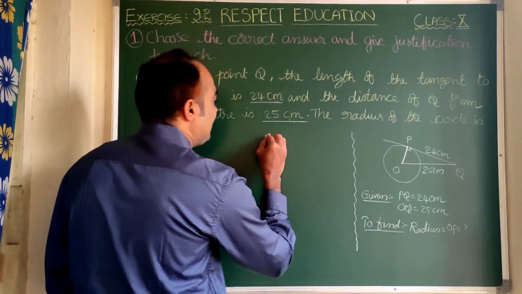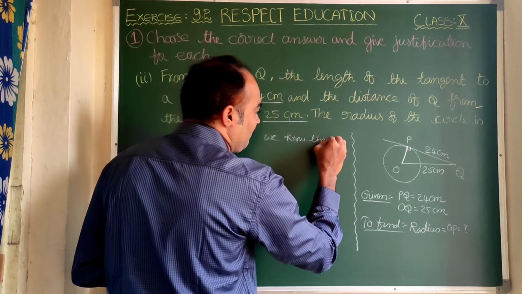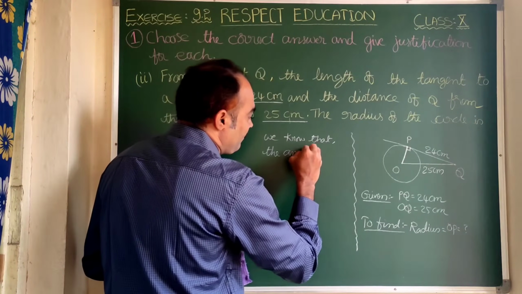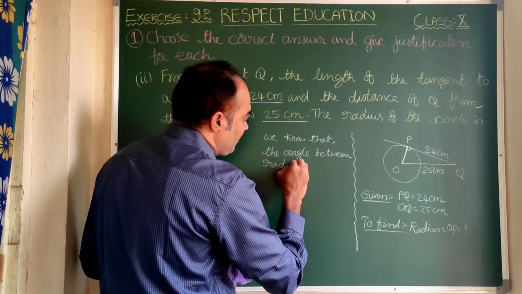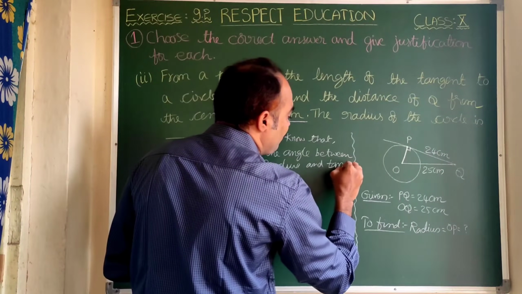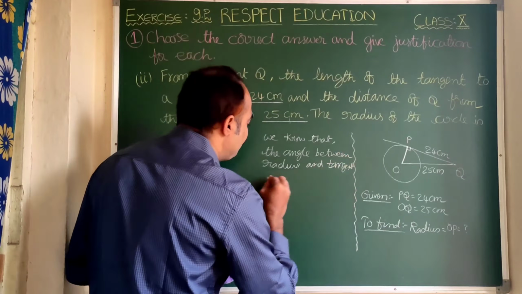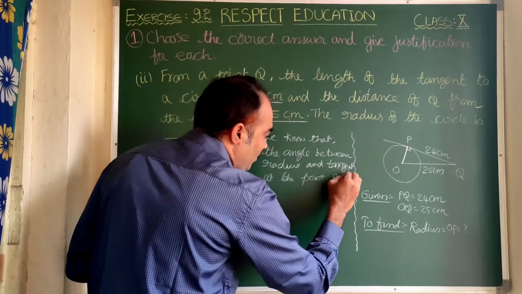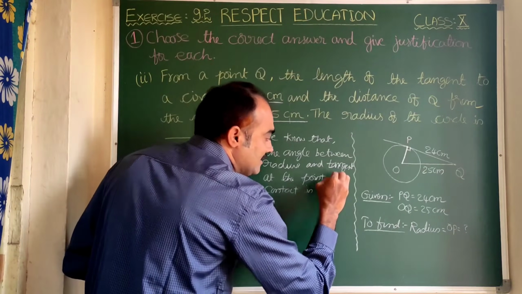So here we can write that we know that the angle between radius and tangent at the point of contact is 90 degrees.